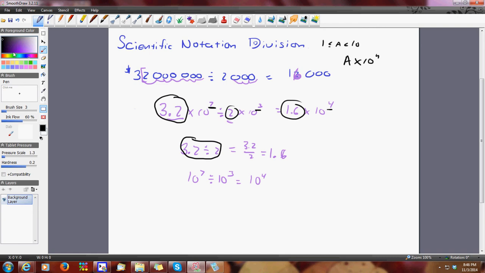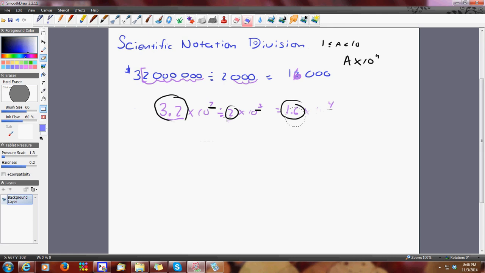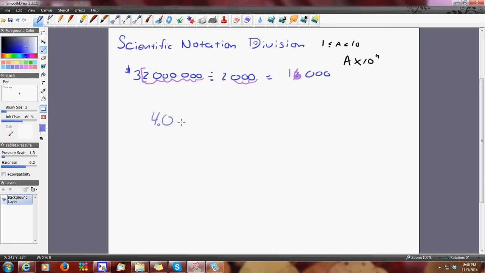I'm going to give 2 more examples. Here's another example. What if you had something like 4.0 times 10 to the 12th divided by 2.0 times 10 to the 4th?